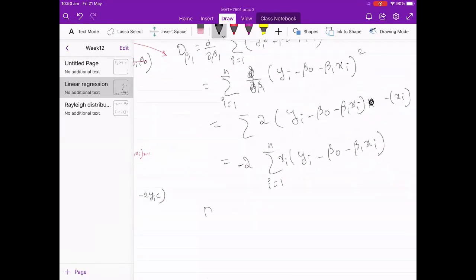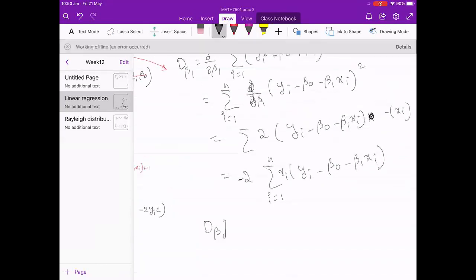Now compute the derivative with respect to beta 0, which is d by d beta 0 of the sum of (yi minus beta 0 minus beta 1 xi) squared.